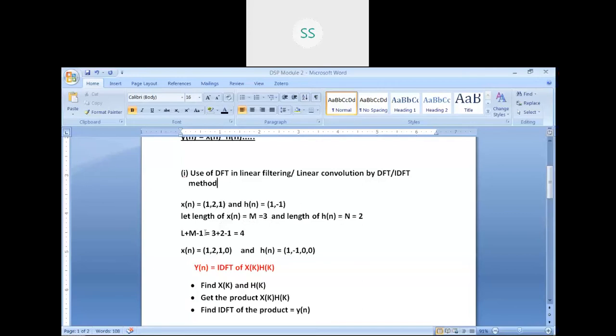In linear convolution, the length of the output sequence is equal to L plus m minus 1, where L is the length of the input sequence x of n, and m is the length of the filter response.